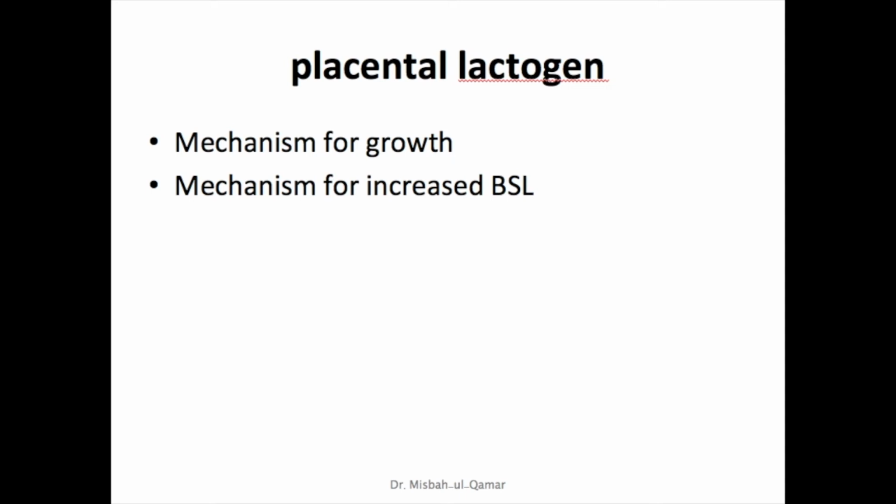Interestingly, the placental lactogen has weak actions similar to those of the growth hormone, which causes the formation of protein tissue in the same way that the growth hormone does.